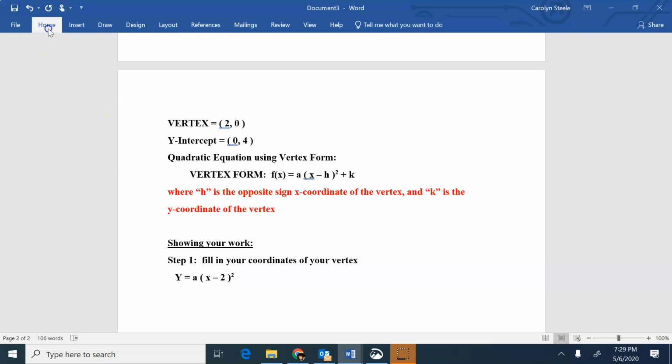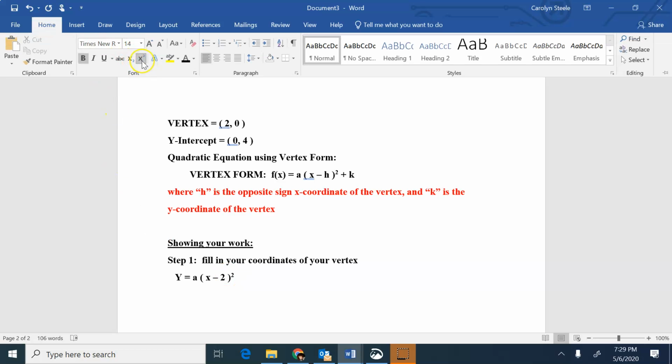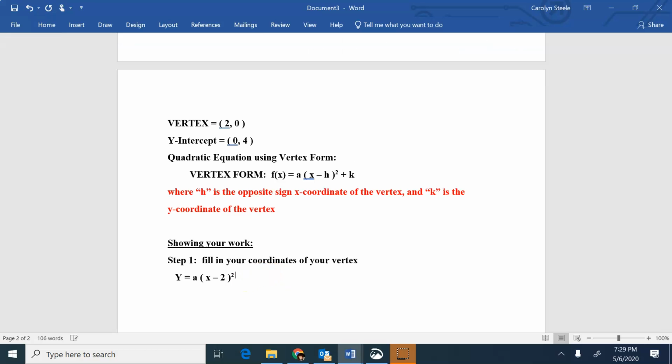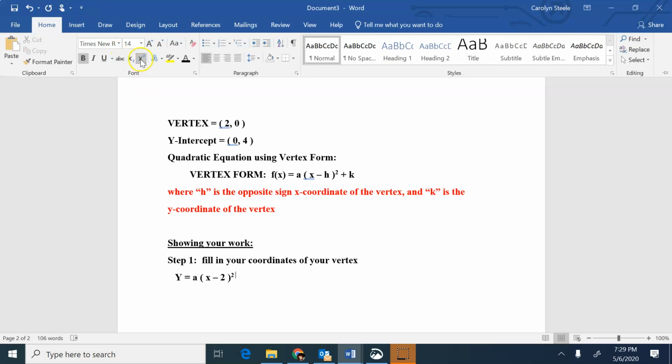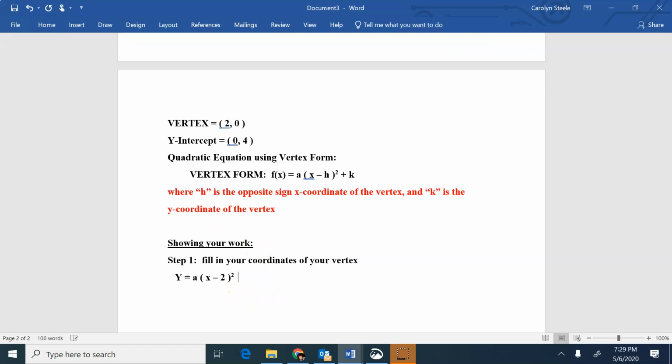Now, in order for me to get back to typing something else, I need this not to be highlighted. So I need to take that off, and then I'm able to put a space and then a plus sign, okay? For the rest of my, wait a minute, it didn't go. So I need to take that off. Very good. And then I'm back down here.